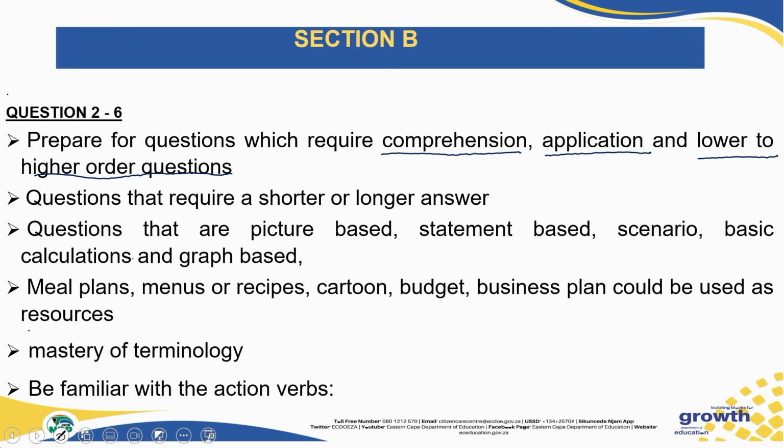So this basically means that you are going to read scenarios, statements, adverts. So you need to read with understanding so that you are able to provide correct responses. You are going to apply your knowledge. Therefore, you are going to evaluate, analyze, illustrate, and demonstrate. And it's going to be a scaffolding of questions from easy to difficult.